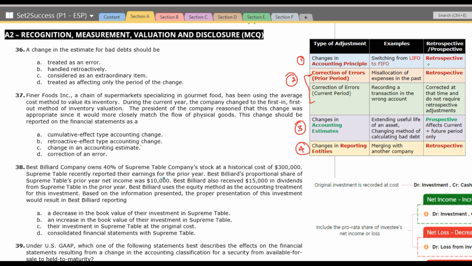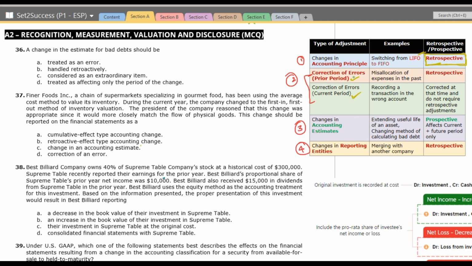This means you have to go back to your financial statements and change them, because the treatment is retrospective. Now the other change is the correction of errors. Correction of errors can happen in the prior period or in the current period.